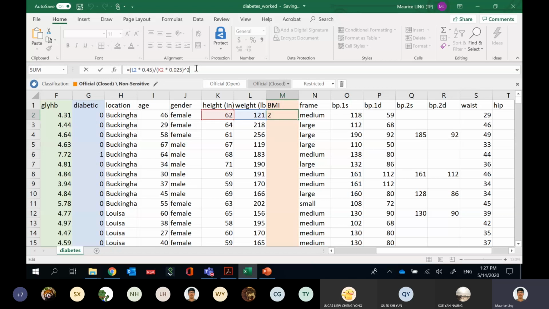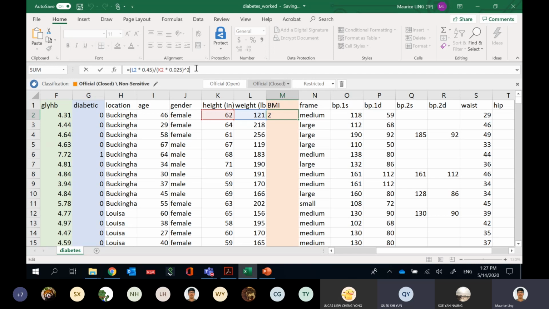L2, which is the weight, times 0.45, converts the weight into kilograms from pounds. K2 times 0.025 is to convert the height in inches to meters. Then I square it. So just now who asked for help? Are you okay already? Yeah, I'm okay.